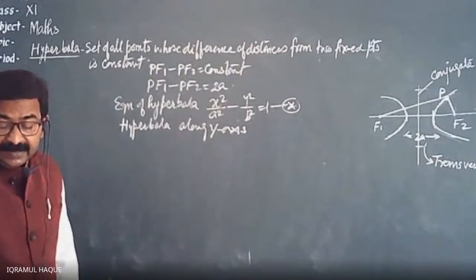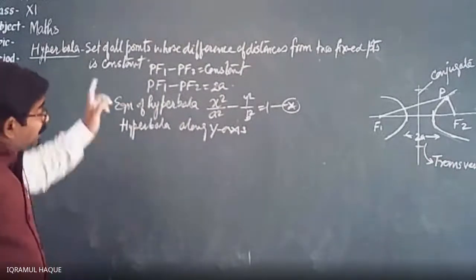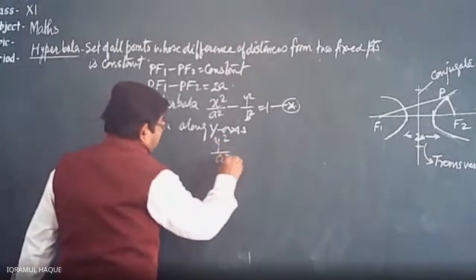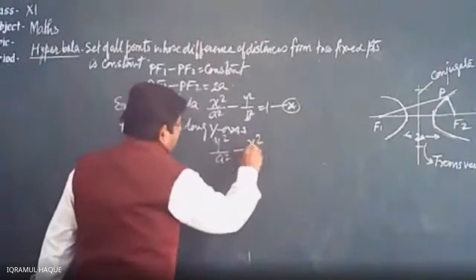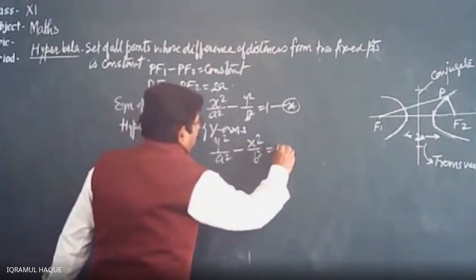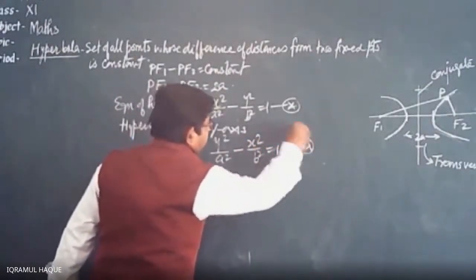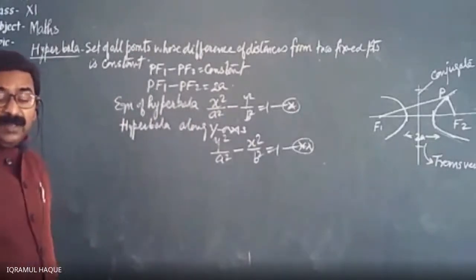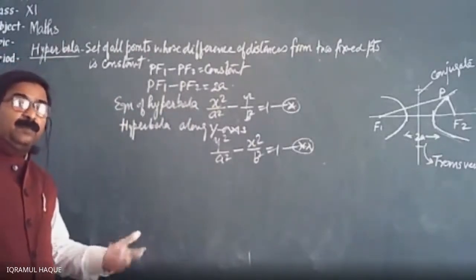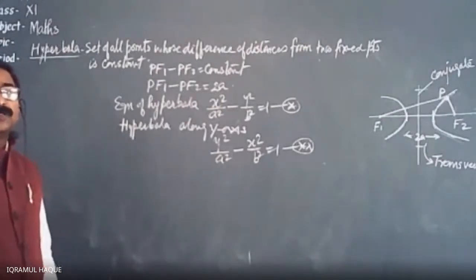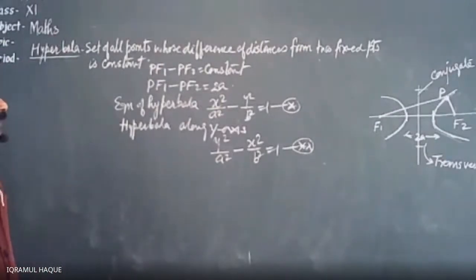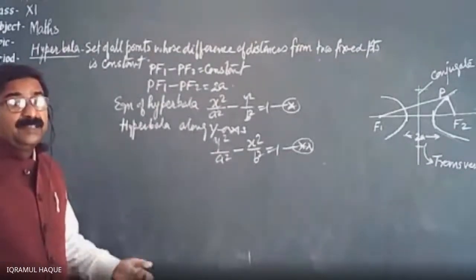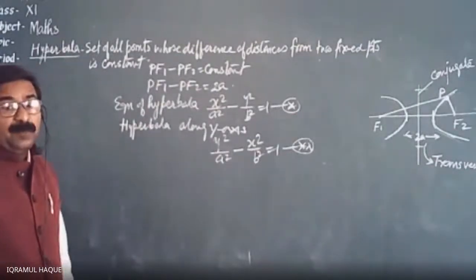In that case we have y square upon a square minus x square upon b square is equal to 1. This will be the formula. And other formulas like latus rectum are the same, 2b square upon a, and eccentricity is the same, e is equal to c by a.